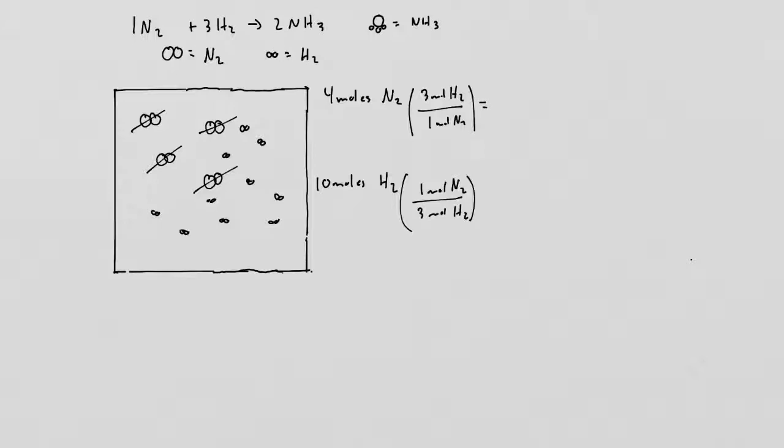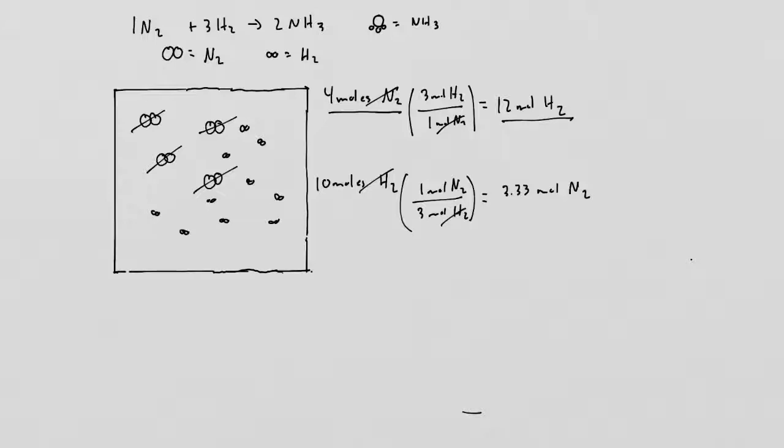And then I would just do the math here for both of them, and then I will analyze this. So 12 moles of hydrogen, because 3 times 4 is 12, and 10 divided by 3 gives me 3.33 moles of nitrogen. All right, so what does this tell me? This tells me that if all 4 moles of nitrogen were to react, I would need 12 moles of hydrogen.